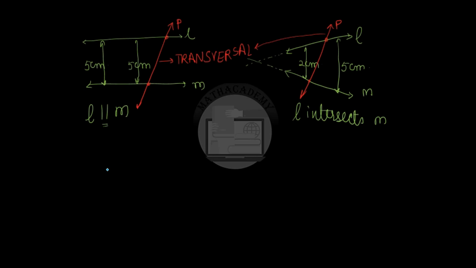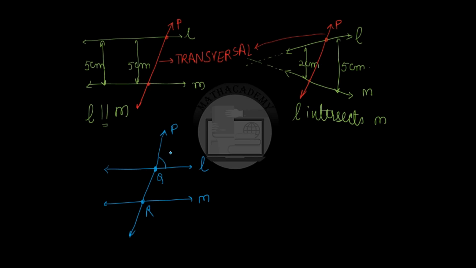So suppose we have a line L and a line M, and it's intersected by a transversal P at say point Q and at point R. What are the angles which are formed?